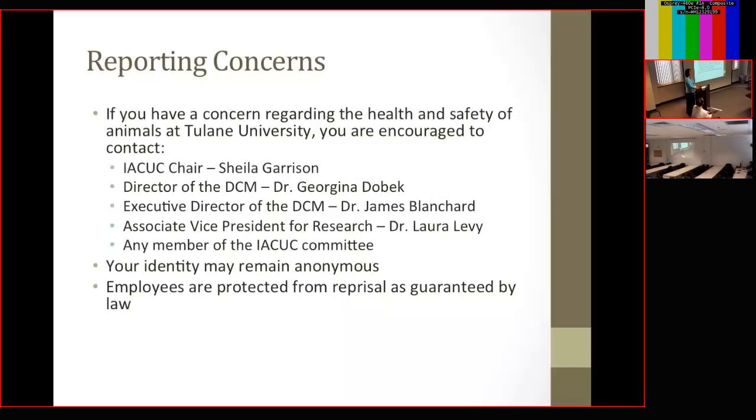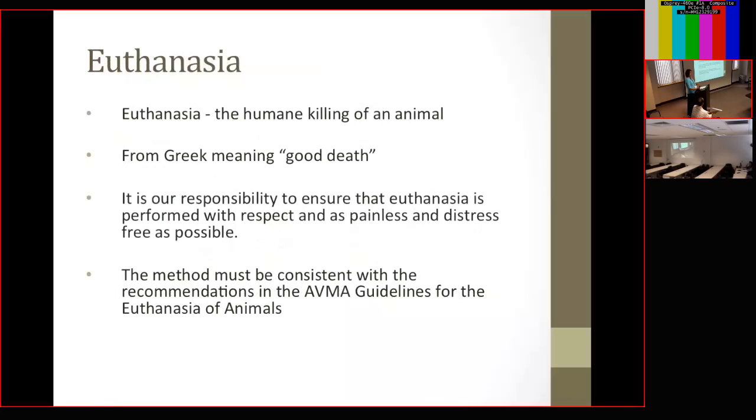So the method of euthanasia must be consistent with the recommendations in the AVMA guidelines for the euthanasia of animals, and that method must be approved by the IACUC. So you have to ensure that the euthanasia method you're using is described in your approved IACUC protocol. You have to make sure that lab personnel are appropriately trained and proficient in that euthanasia method.